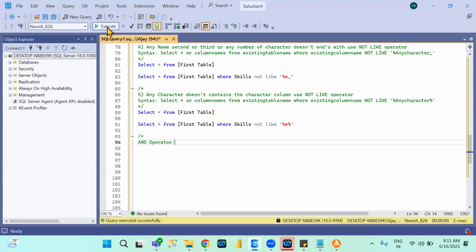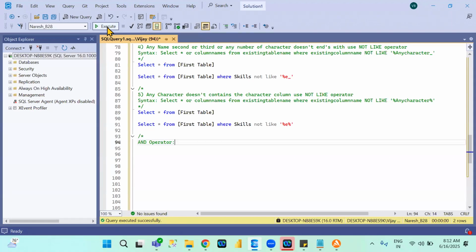What is the formula for condition? Existing column name, operator, value. This is called condition. Remember this point.